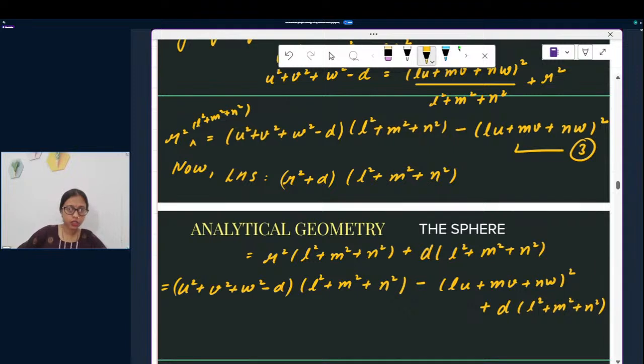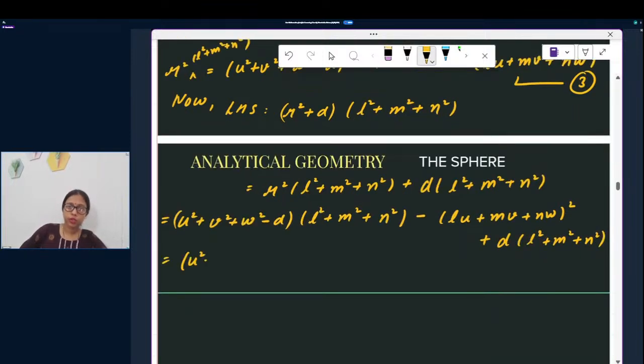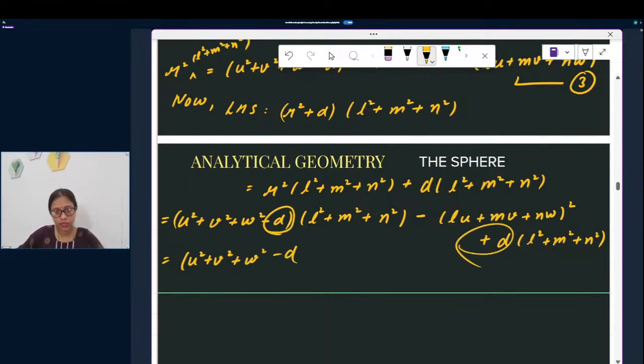From the first term and the last term, let's take l square plus m square plus n square common. So I'll get (u square plus v square plus w square). This is minus d here and it will be plus d, so it will get cancelled out, and I'll get l square plus m square plus n square.